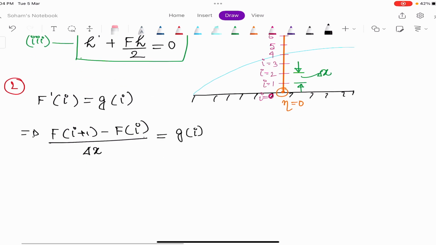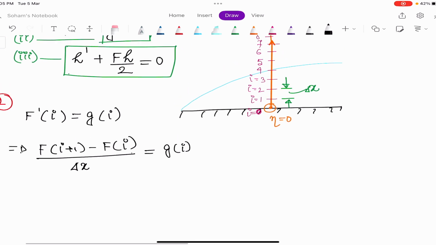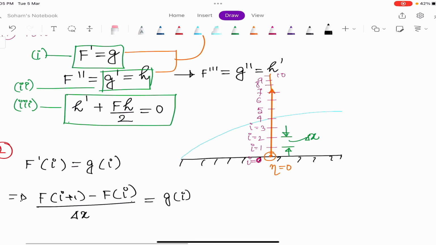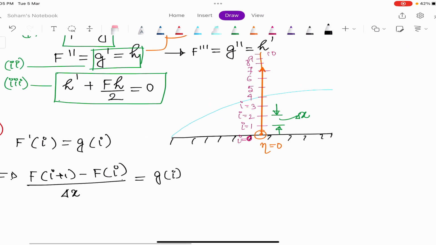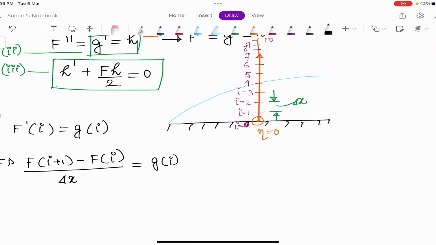Then similarly I write the second equation, equation number 2, in the same form. Just replace f by g and g by h.